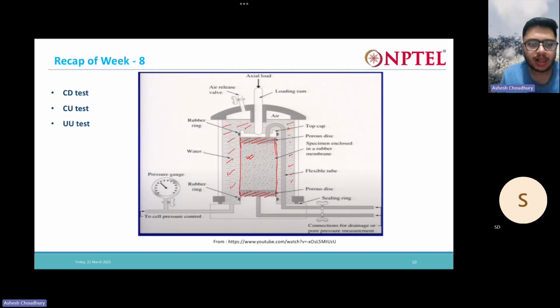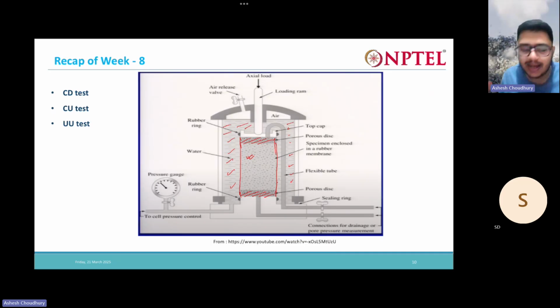The first stage is the confining stage, also called the consolidation stage, and then we have the shearing stage. These terms will become clear as we discuss more.